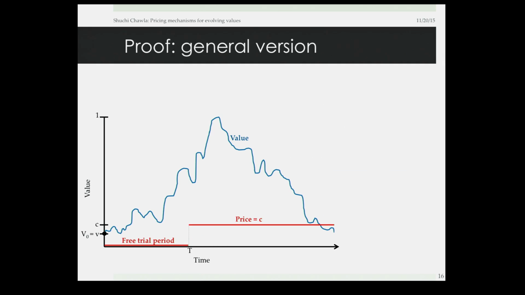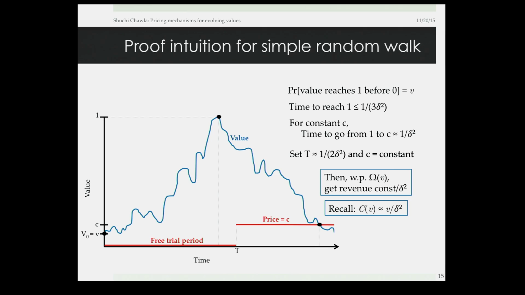Okay. Now, what goes wrong with this proof for a general martingale is that when this value is climbing up, this might happen rather slowly. Okay, now the martingale, recall, has an upper and lower bound on its step size, and these could be quite different. And so it could happen that it climbs up to a high value very, very slowly, but on its way down, it's really fast.